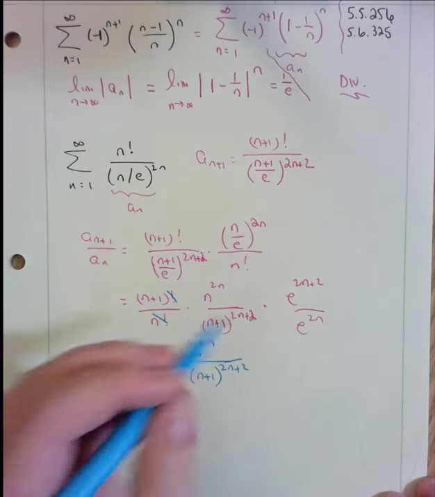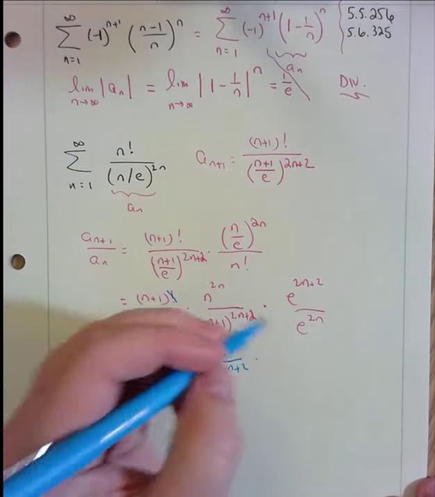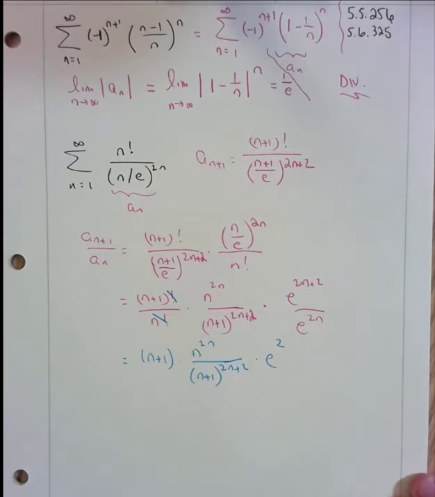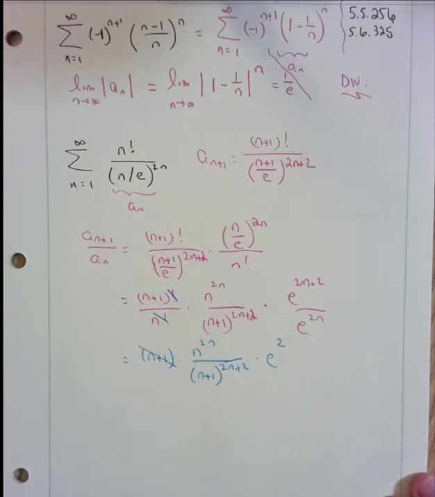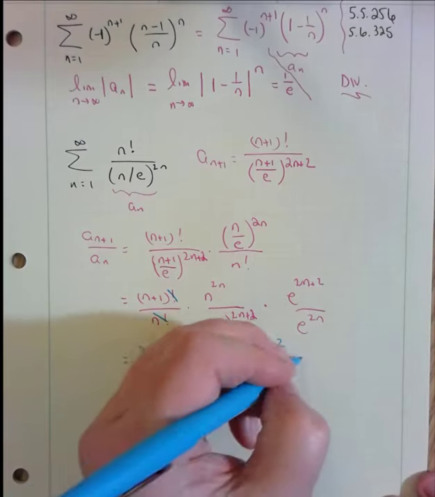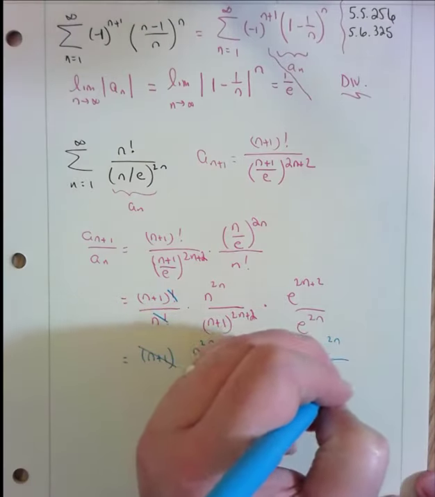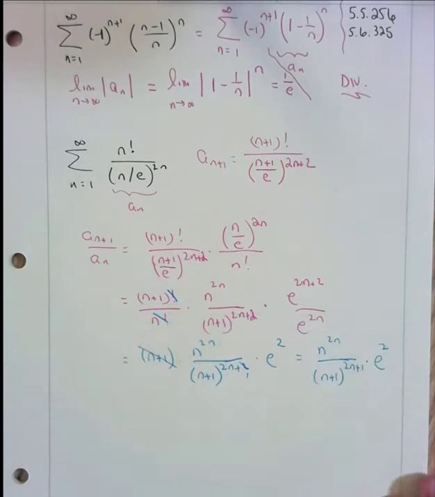There's not any easy cancellation there, so let's just leave it alone. And then over here, it looks like there's 2 more e's in the numerator than there are in the denominator. And now maybe we'll get a little cancellation, because this n plus 1 is going to take out one of the n plus 1's down there. And so altogether, we'll get that. It's still a mess, but it's enough to do the job.